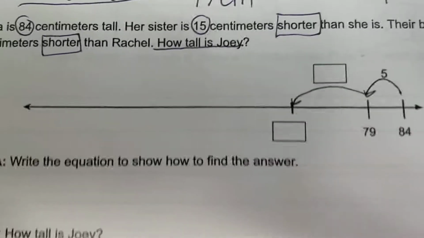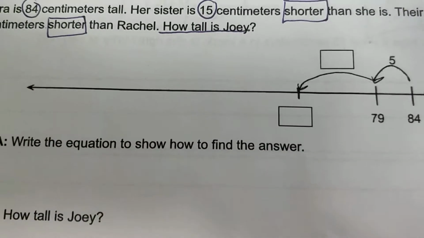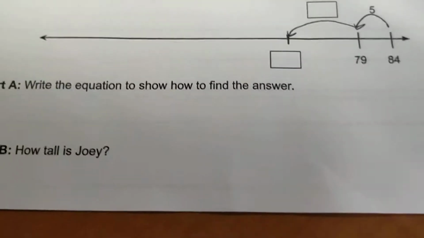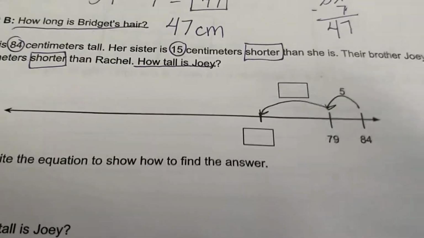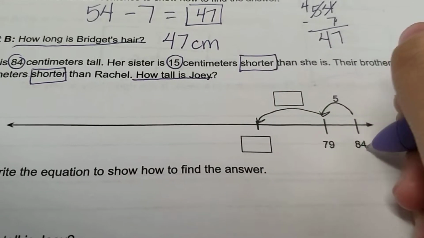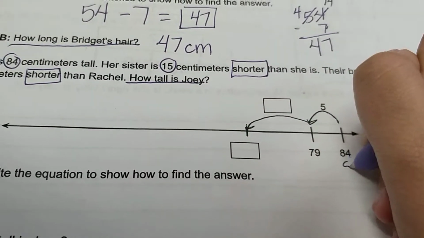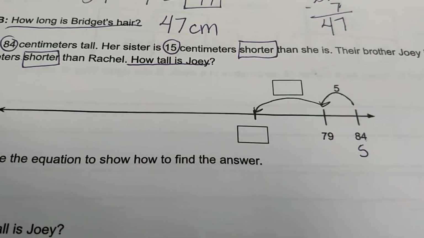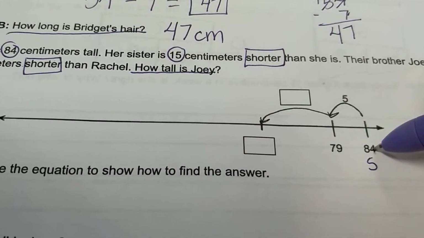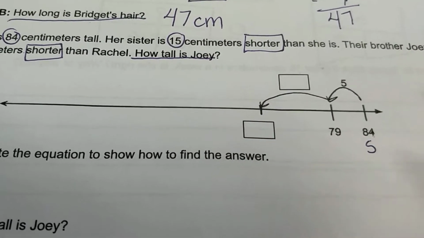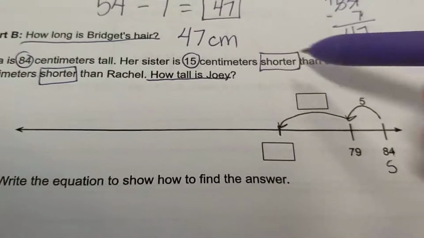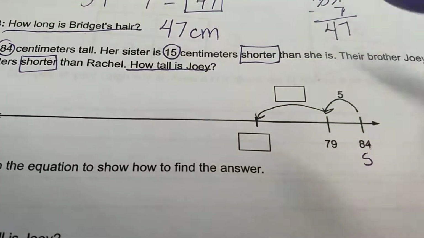Alright, so we need to figure out how to find the answer. The question is, how tall is Joey? We know that this 84, if I look back at my problem, belongs to Sarah. So I'm going to put S for Sarah right here. Her sister, whose name is Rachel, is 15 centimeters shorter.